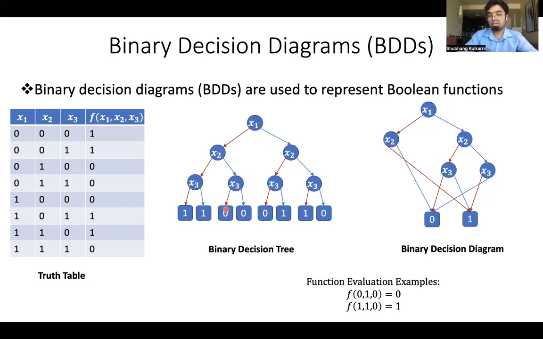So that means that the function evaluation evaluates to 0. In the BDD, I do the same sort of procedure where I start at the root, I go to the left because of the 0, then I go to the right because of the 1, and whenever I'm at a leaf, I just stay at the leaf. So the third coordinate 0, I just stay at 0, and the function evaluates to 0. So in this evaluation sense, the binary decision tree and BDD are the same.